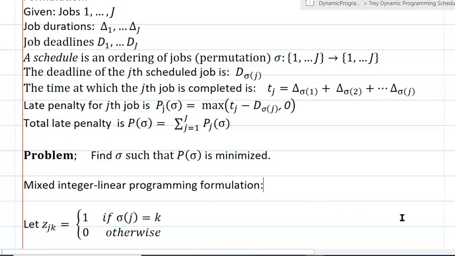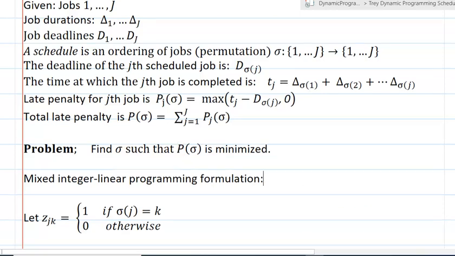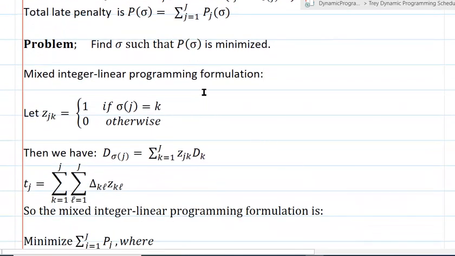Now I mentioned that linear programming can get a better solution. In fact, the technical name for the type of program is a mixed integer linear program. And it's called mixed integer linear programming because some variables are integers and some variables are continuous variables. So let's see how this works. Now, this is a common strategy in mathematics, I'm going to use something called an indicator variable.